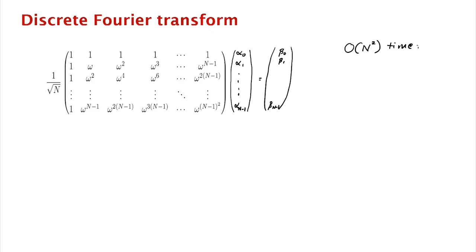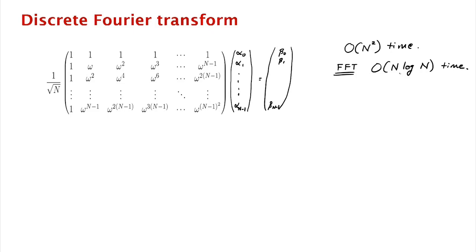So the fast Fourier transform algorithm, which is a remarkable algorithm, called the FFT, does it in order N log N steps. It's a nearly quadratic improvement. And this is a very, very significant improvement in classical algorithms.